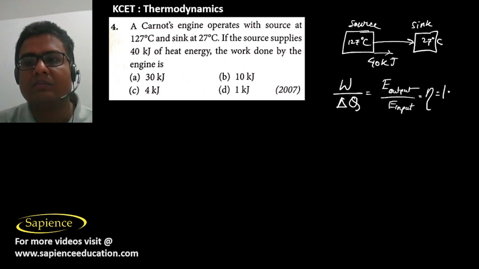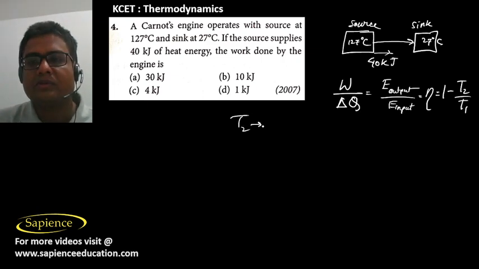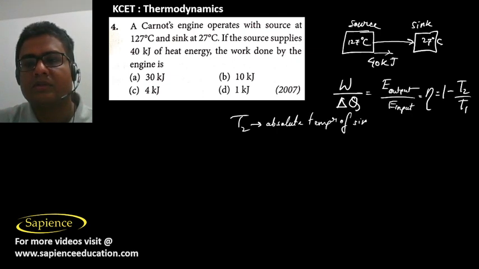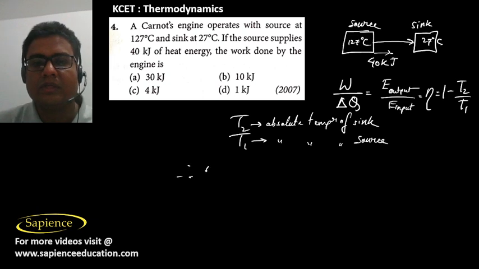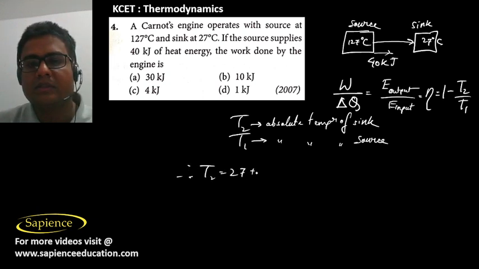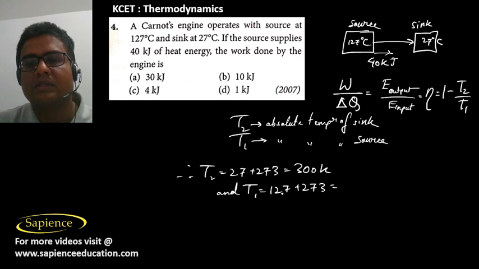So that is equal to 1 minus T2 by T1, where T2 is the absolute temperature of the sink and T1 is the absolute temperature of the source. So now T2 will be equal to 27 plus 273, that is 300 Kelvin, and T1 will be 127 plus 273, that is 400 Kelvin.